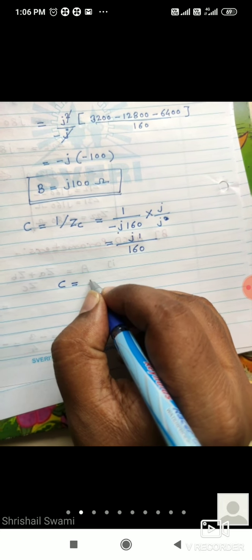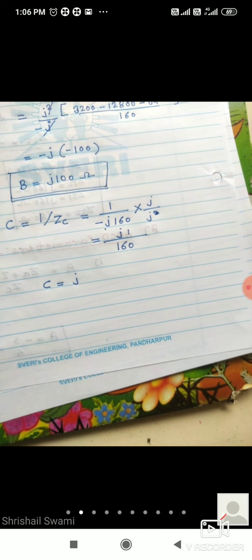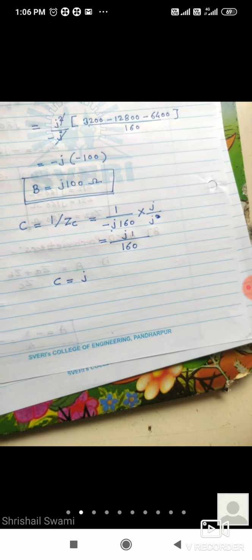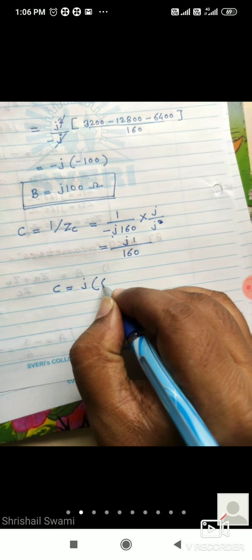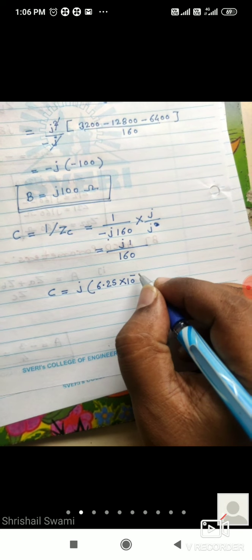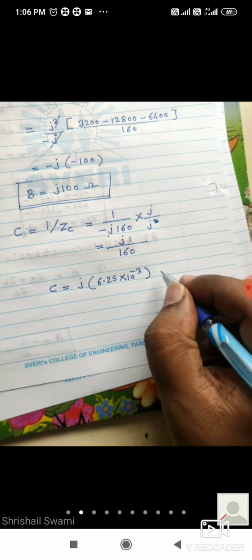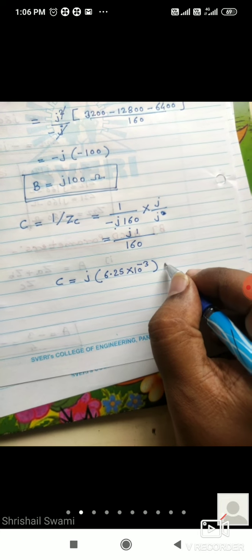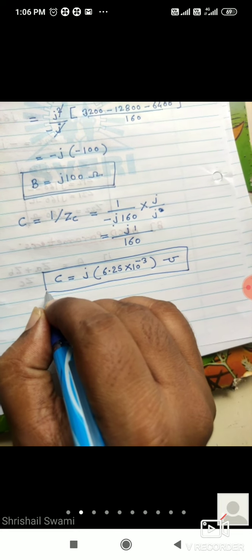So C is equal to J times 1 upon 160, which is 6.25 into 10 raised to minus 3. So this is the value of C. So the unit is mho because it is admittance.